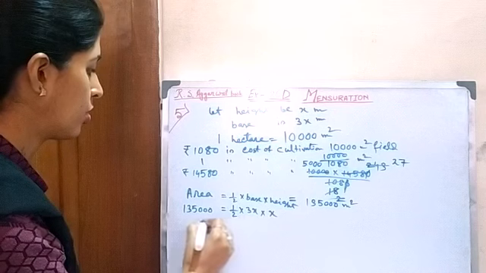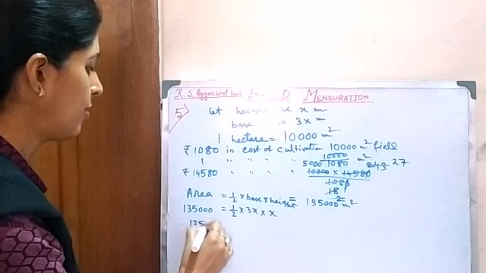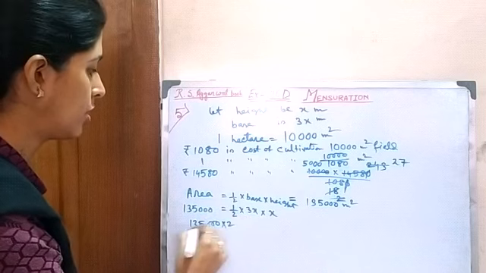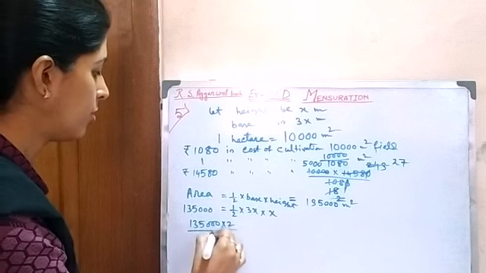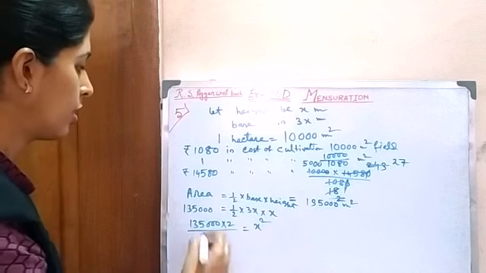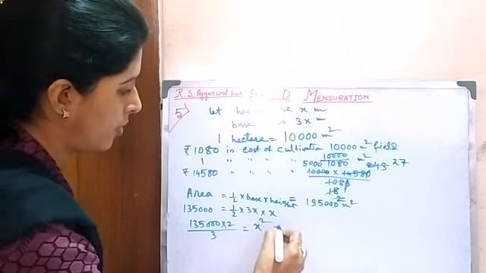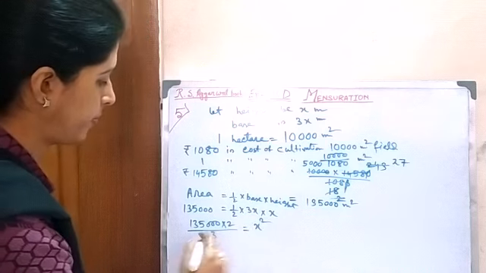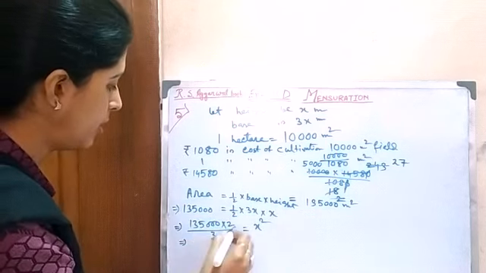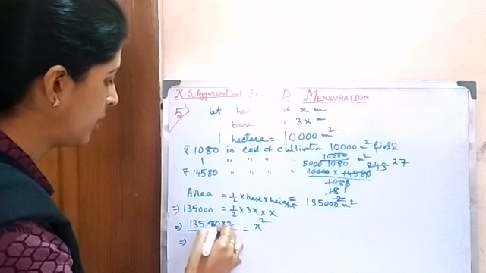So 135,000 into 2, this 2 will go upwards and this 3 will come down, equal to x square. Implies by 3 it can be cut.